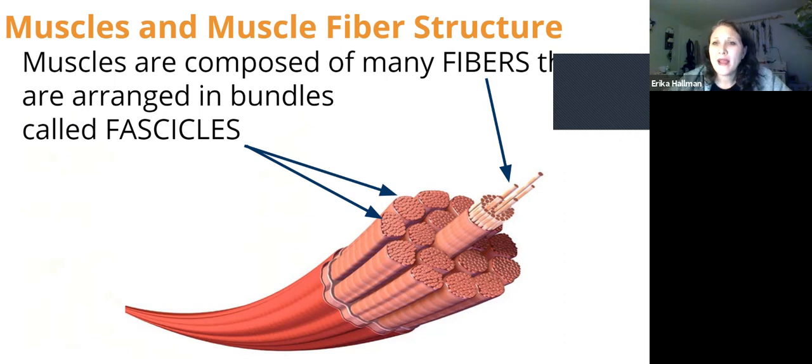So muscles are arranged in a collection of parallel fibers, and we gather these fibers into bundles. So these fibers that are running in the same direction are called fascicles. You can see that in that image, there's probably about a dozen fascicles that make up that one muscle.